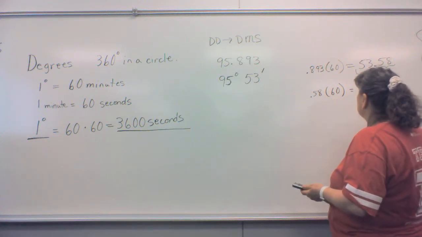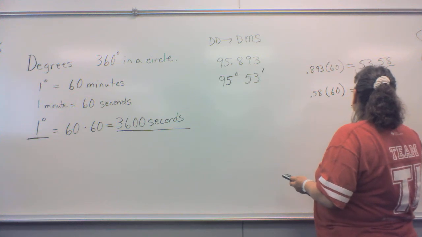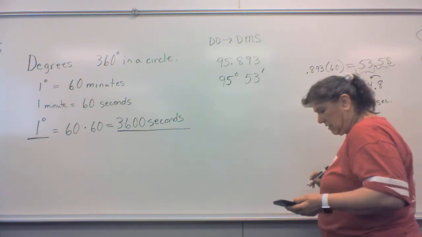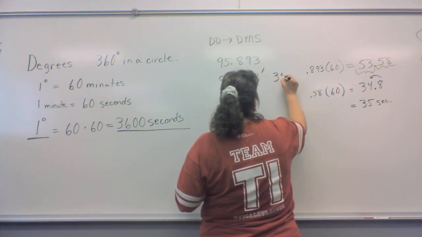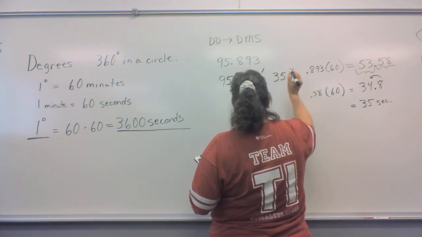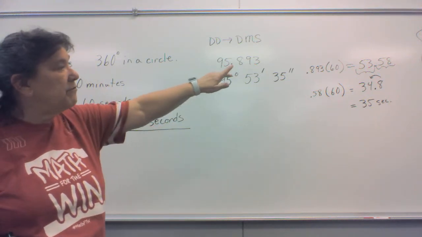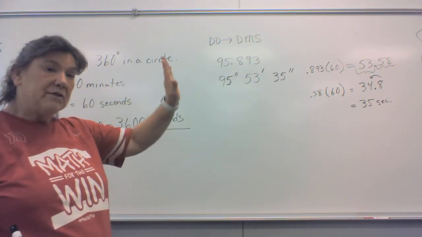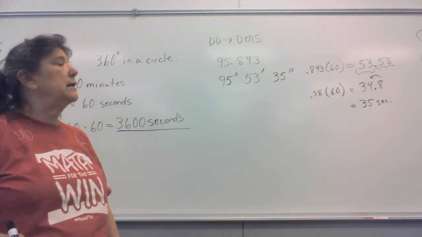Let's round that up to 35. So we're going to round it to 35 seconds. So you see how that's done? When you have a fractional part left, you have to take that fractional part and do it again to turn it into how many seconds.